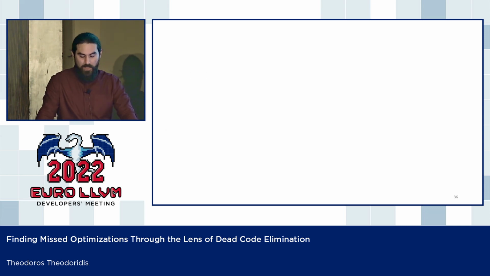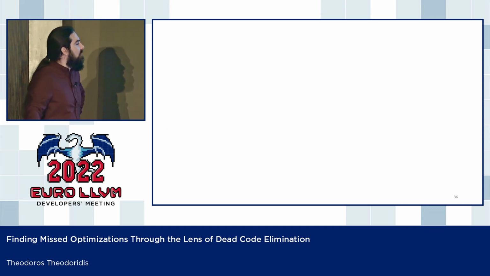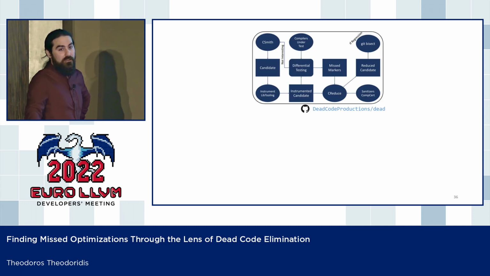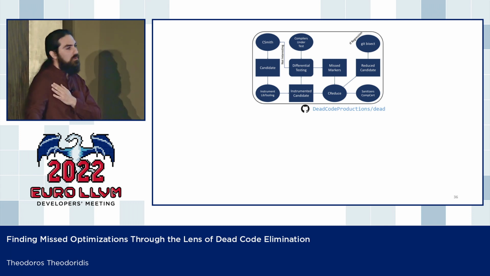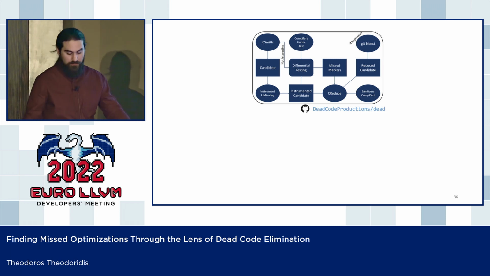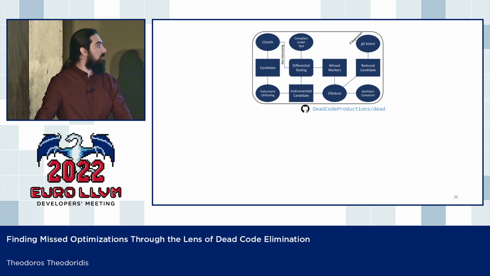So, to sum up, today I have presented a new approach for finding missed optimizations and regressions in compilers. As I said, this tool is available on GitHub, so please feel free to use it and give us any feedback, because we're really interested in how we can continue developing this and what directions or features are actually needed by compiler developers.